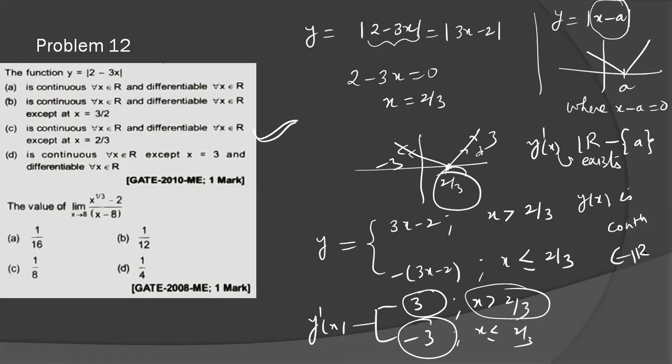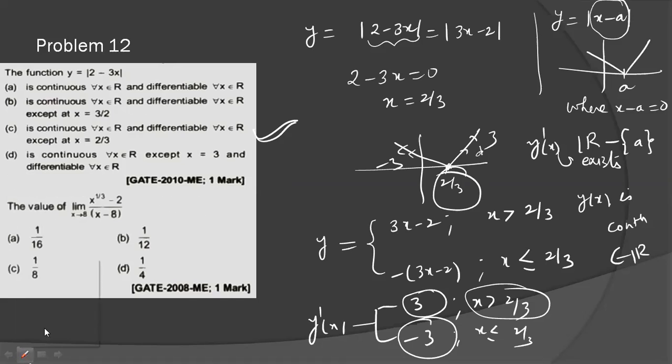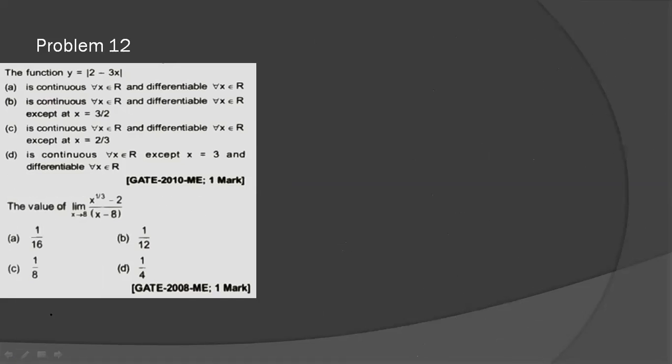We have a second part also in this question. The second part is limit x tending to 8 of x to the power 1 by 3 minus 2 upon x minus 8.